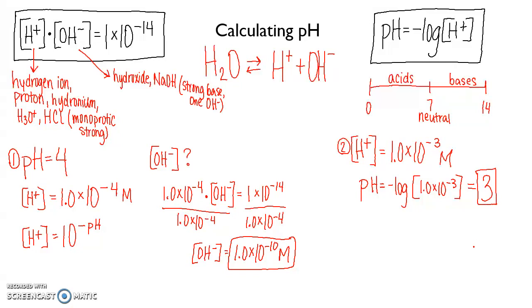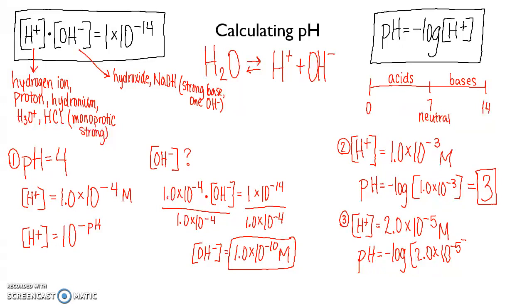Now when they don't use nice whole numbers like we did, it's going to get a little bit weirder. So let's do another quick example. If you have an H plus concentration that's something like 2.0 times 10 to the negative 5th, then again you're still going to put that in your calculator, the negative log of 2.0 times 10 to the negative 5th.